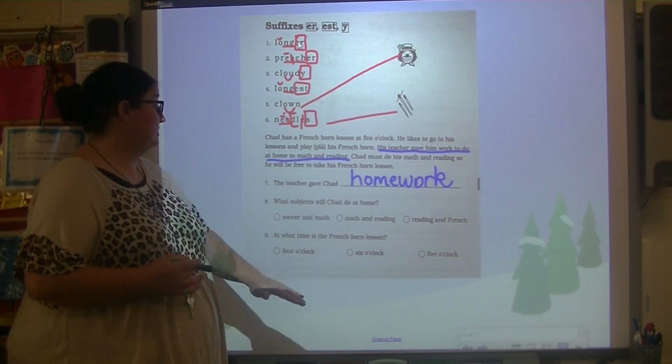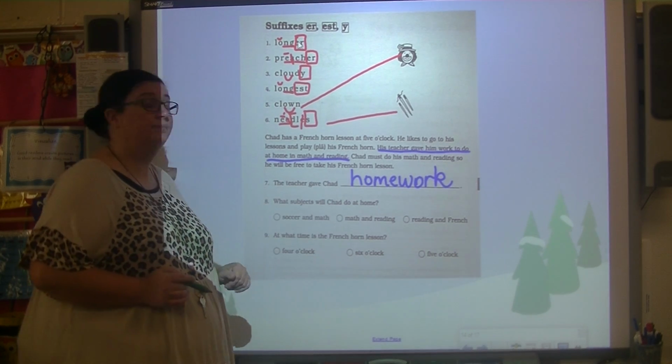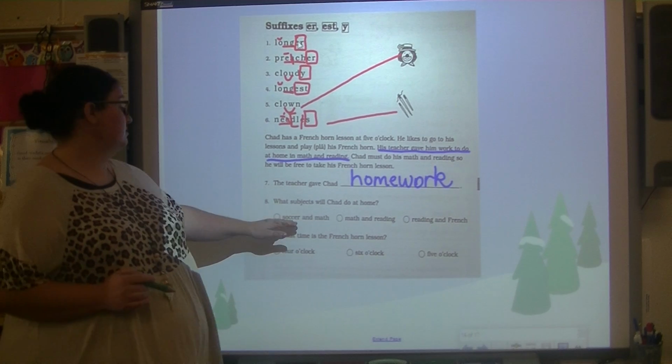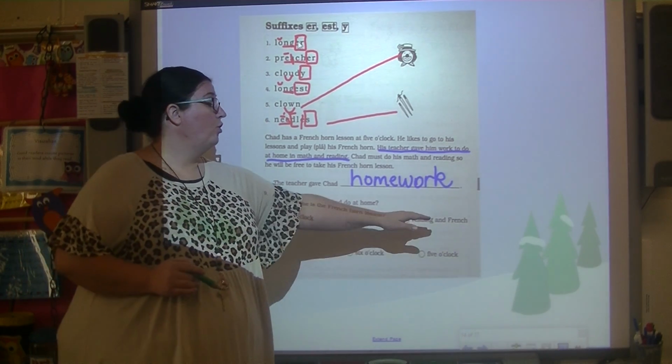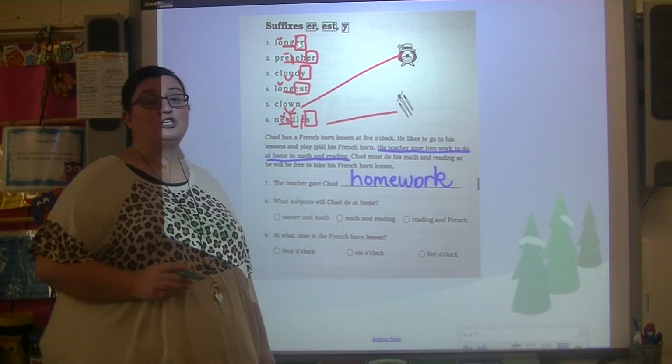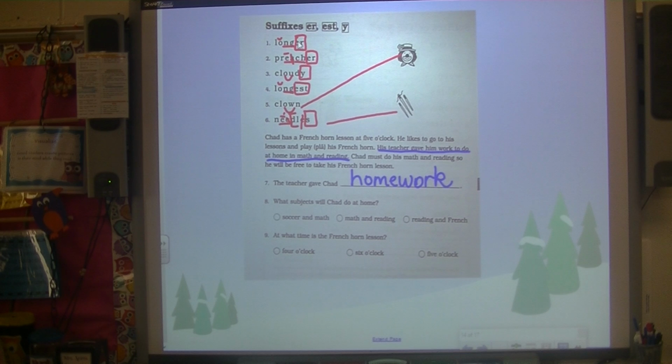Number 8 says, what subjects will Chad do at home? The choices are soccer and math, math and reading, or reading and French. Underline your answers in the passage and then bubble in your answer.